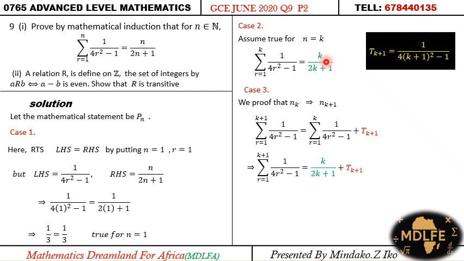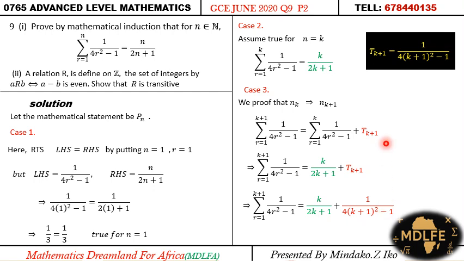So we have the summation from r equals 1 right up to k plus 1 of 1 divided by 4r squared minus 1 being equal to k divided by 2k plus 1, then plus our k plus 1 term, which is 1 divided by 4 of k plus 1 squared minus 1.